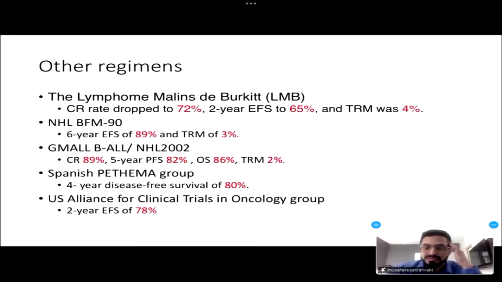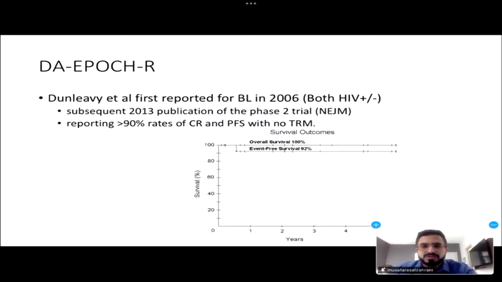There are many examples of this, from the European groups, the French, German, and Spanish groups, and also from the US experience, with more or less similar outcomes: CR rates between 70 to 80% and around 80% 5-year progression-free survival and overall survival. But more importantly, the treatment-related mortality is quite significant, about 2% to 6% depending on the different protocols. So treatment-related mortality was a challenge using these protocols.